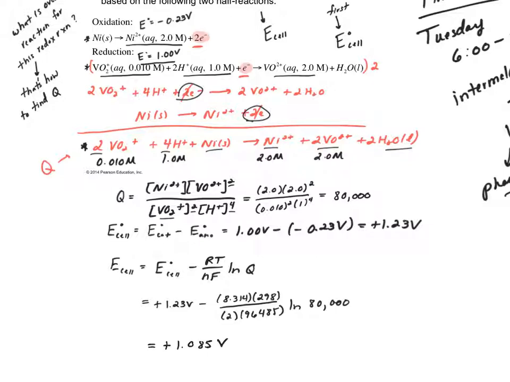Did you get the same thing? I think, I know my little simple calculator, I have to do each step individually, so maybe that helps out. I take the 80,000, I take the natural log, I times it by 8.314, I times it by 298, divide by 2, divide by 96485, gives me this thing, so this ends up being plus 1.23 minus 0.145 volts.